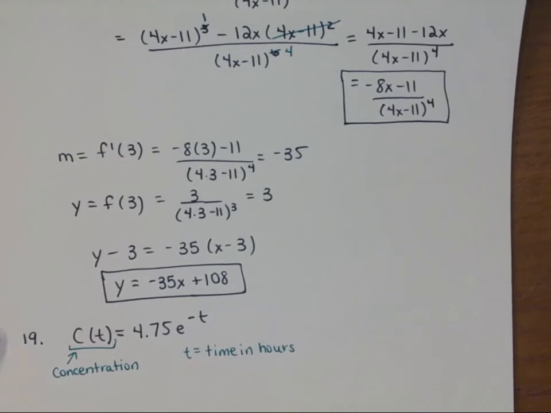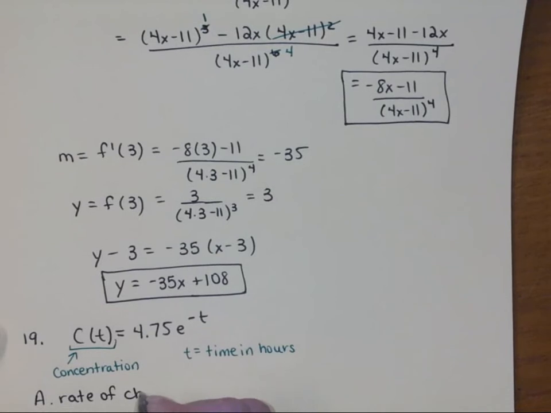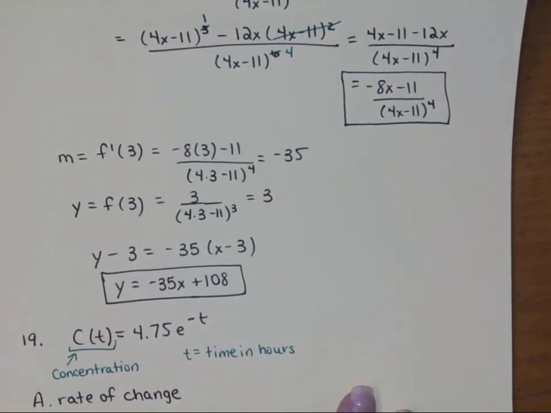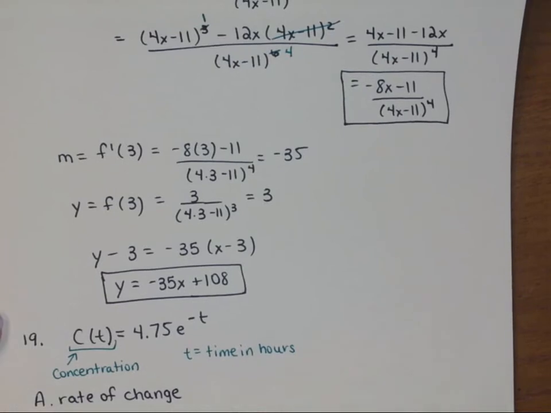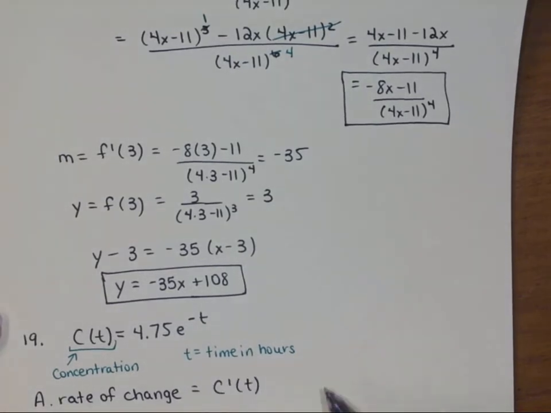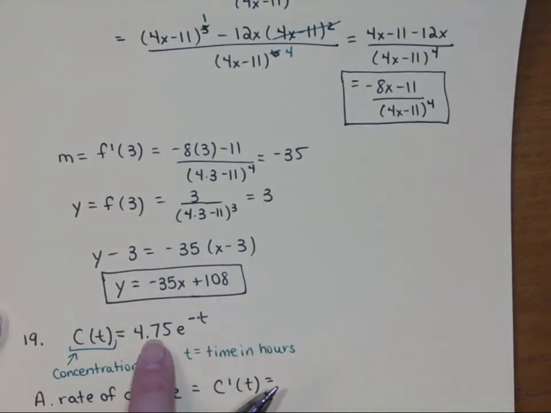So in part A, it says what is the rate of change? So notice when you see the term rate of change, you immediately need to think, hey, I need to find the derivative. So I need to find C prime of T. This is not a power rule, or sorry, a product rule question, because this is just a constant.